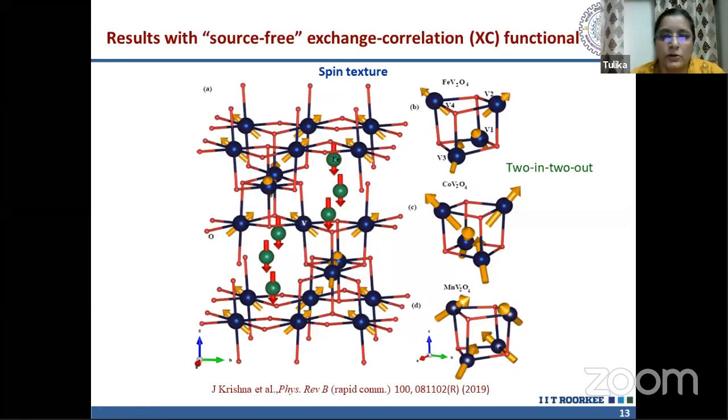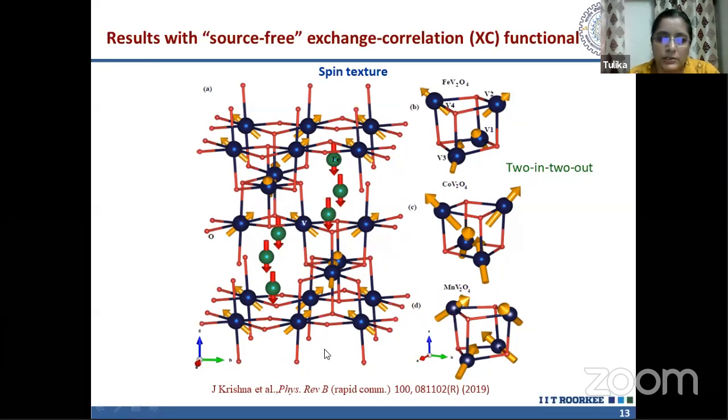Not only that, we could also reproduce the correct spin texture, or the non-collinear magnetic order that I talked about, which was seen in the experiments. This 2-in 2-out structure for FeV2O4 and CoV2O4 is correctly reproduced in this source-free exchange correlation functional, and also for the manganese vanadate.